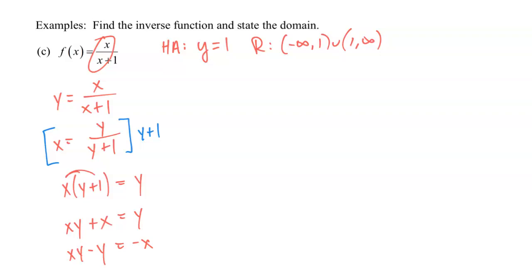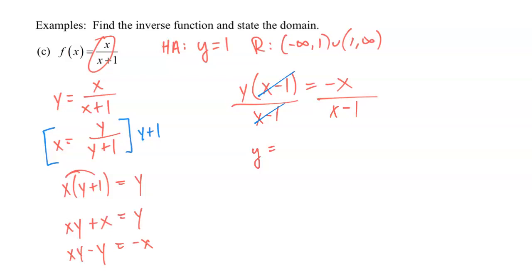Now, because both of these terms on the left-hand side have y in it, I can factor out a y from those two terms, and that's going to leave me with y times (x minus 1) is equal to negative x. And the final step to get y by itself then is to divide both sides of this equation by that parentheses, x minus 1, so that the parentheses cancel, and I'm left with y by itself.